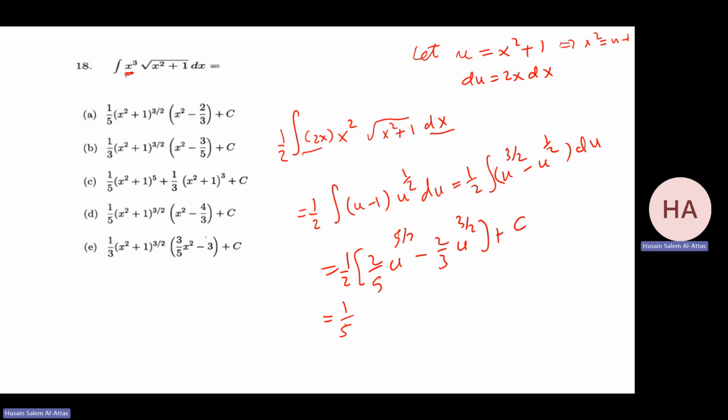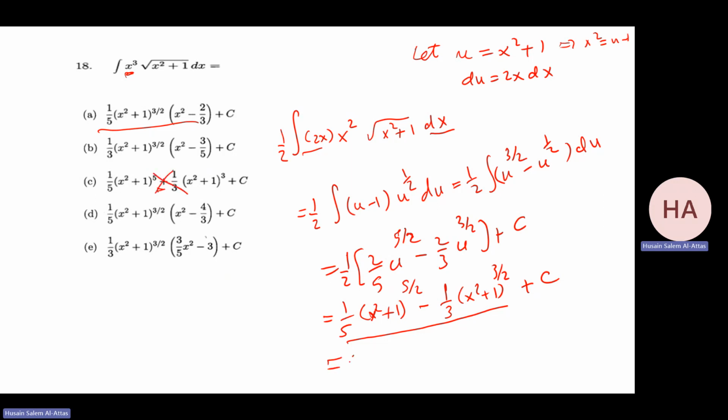So I have what? 1 over 5 x squared plus 1 to the power 5 over 2 minus 1 over 3 x squared plus 1 to the power 3 over 2 plus c. I need to deal with this. He wrote it as a product, not as a sum. This one is wrong.